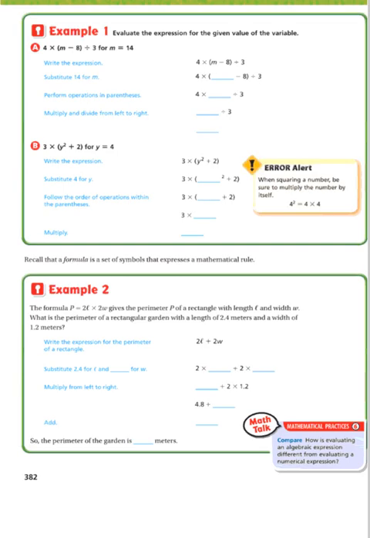Example 1. Evaluate the expression for the given value of the variable. A. 4 times m minus 8 divided by 3, and here we're going to put 14 in the place of m. Write the expression. We're going to write this entire problem out, which they already have for you here.